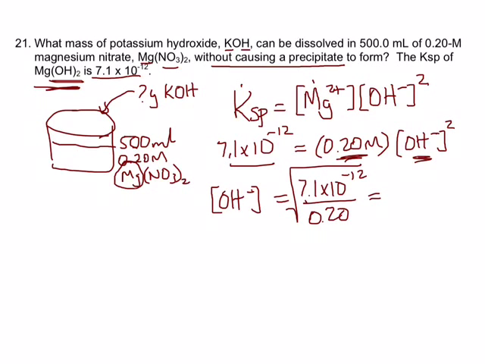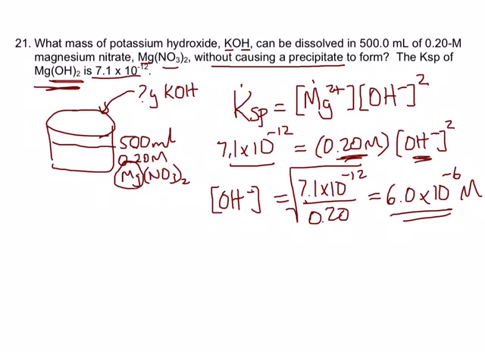So now we'll grab a calculator and evaluate that. 7.1 times 10 to the minus 12 divided by 0.2 equals, and then square root the answer. And you get 6.0 times 10 to the minus 6 molarity of hydroxide.